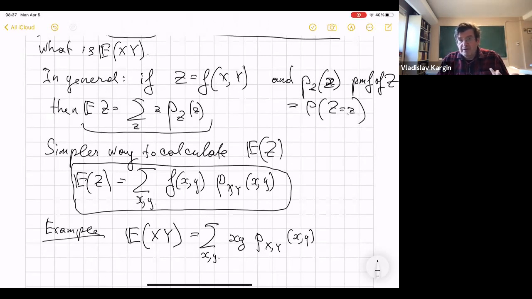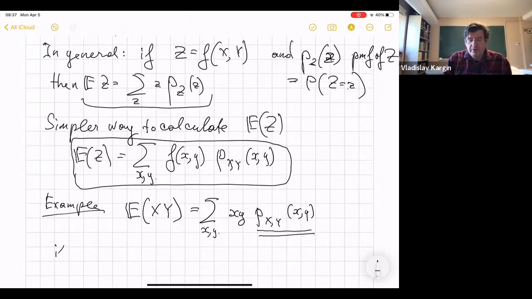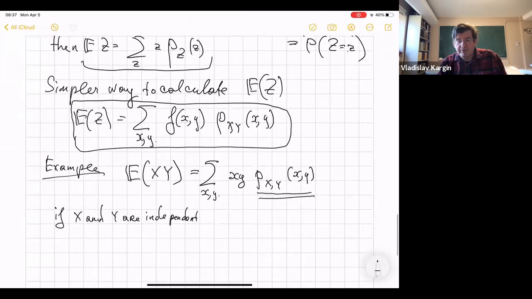In the case when they are independent, you see that you can factorize this joint probability into a product. So if X and Y are independent, then you can continue this formula.